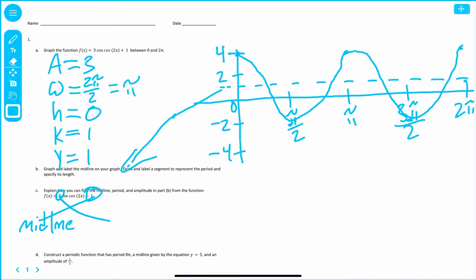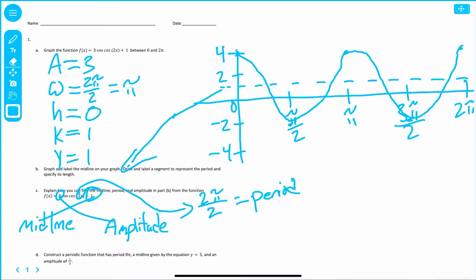Amplitude. And period is 2 pi over 2. There's the period. Everybody good with that? Everybody understand where we pulled all those from?